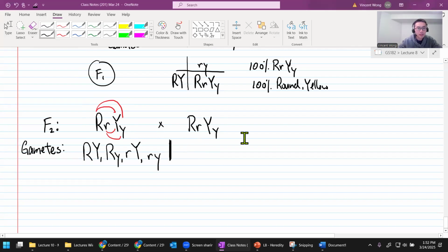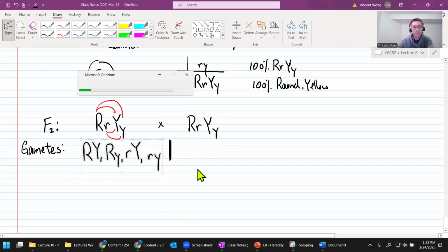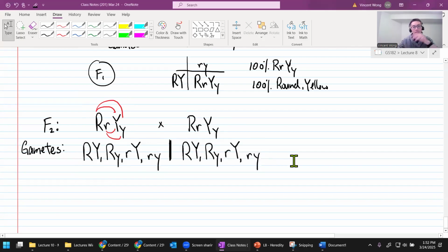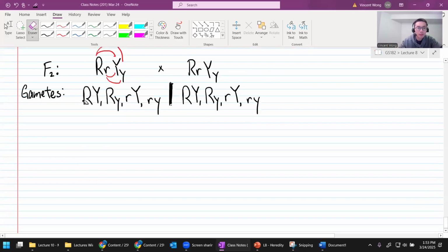Okay, same thing over here. I just use a bar to separate the two parents. So how big will our Punnett square be? Well, I have 4 gametes on the top and 4 gametes on the side.